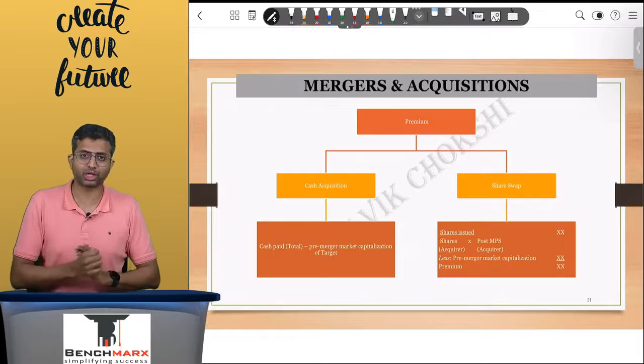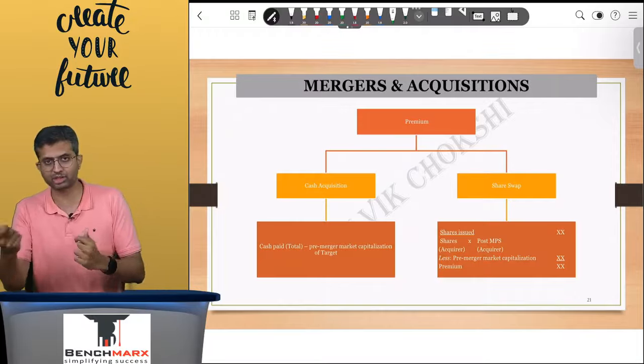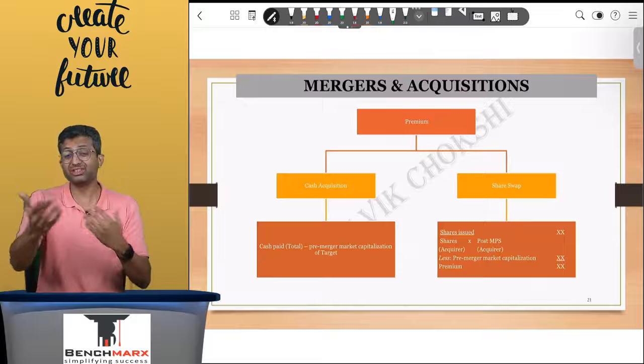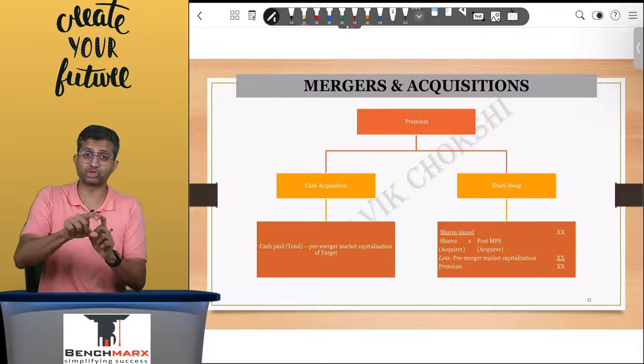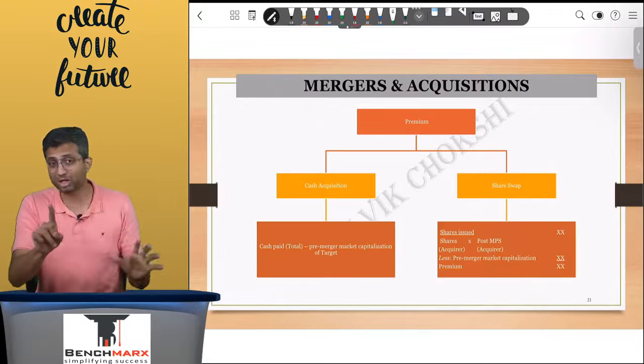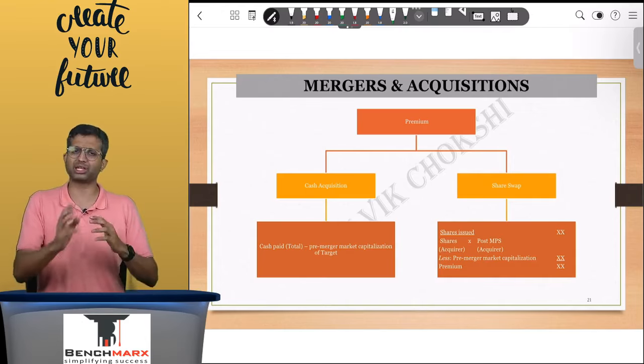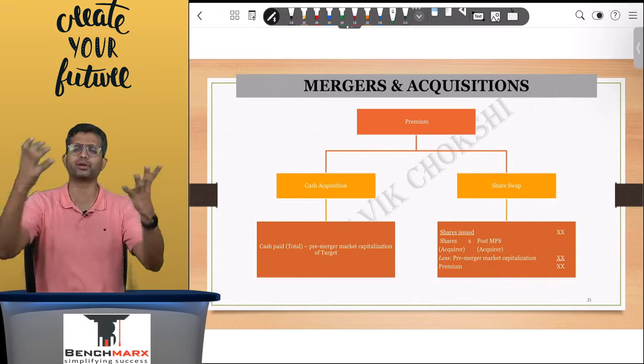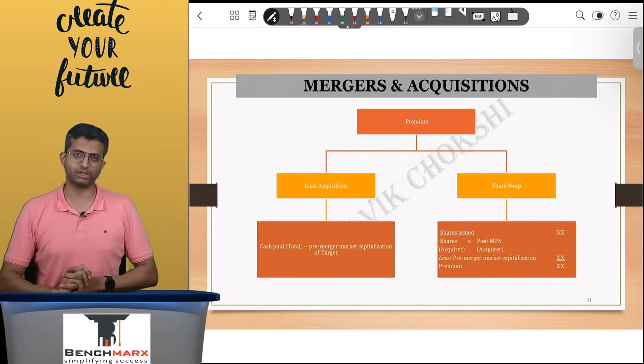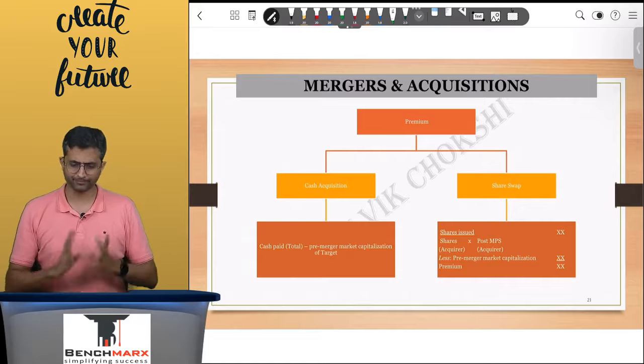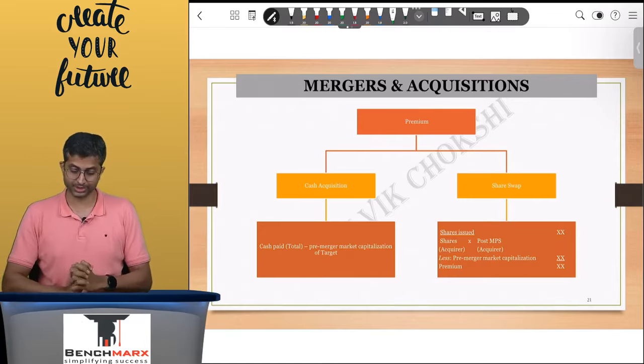But while doing it for the target, remember that pre-merger, you had 1 share of the target. If the exchange ratio is 0.5:1, post-merger, you'll have 1 share of the acquirer. No, you'll have just 0.5 share of the acquirer, and hence whatever is the post-merger market price times 0.5 will give you the equivalent comparable share to find the true impact. So impact analysis also comes.